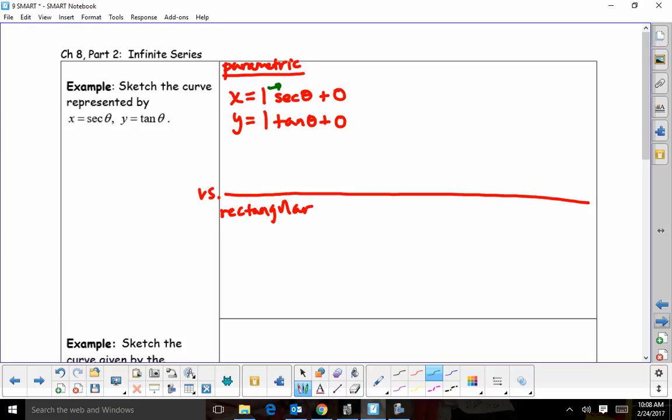Because this value right here is my A. This value right here is my B. This value right here is my H. And this value right here is my K. H goes with x's. Okay. So this tells me that I am centered where? 0, 0. That's my HK. So that's the first thing I'm going to go do.